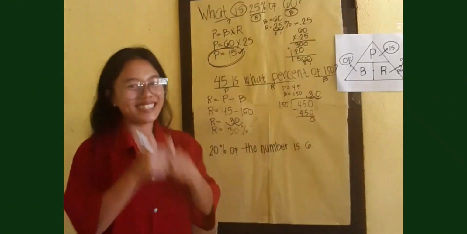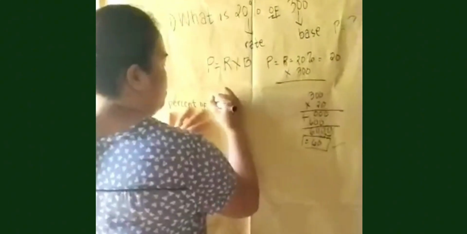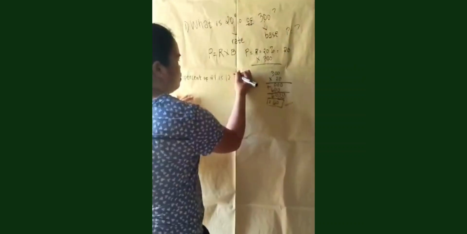Good job, class. So the third example is, what percent of 24? So again, the first step that you're going to do is find the missing term. So the 24 is have a word, so which means this is a base.